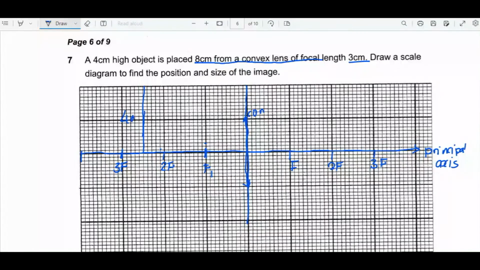So 4 centimeters. Then you draw a parallel line. Make sure it passes through here. Then you draw another line passing through the center. So this is where our image is expected to be.